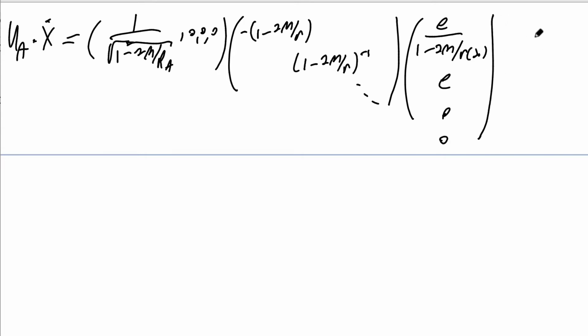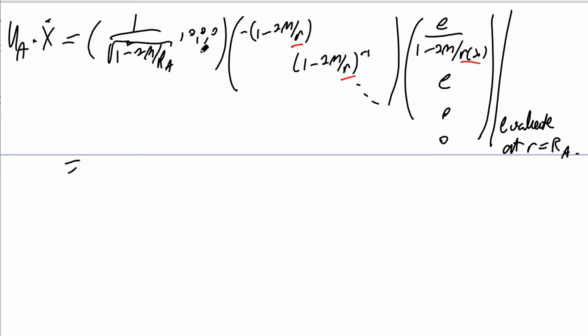And all of this is evaluated where the photon and the observer A cross, in other words, at areal radius r sub a. So all of these little r's, here, here, and here, are equal to r sub a.